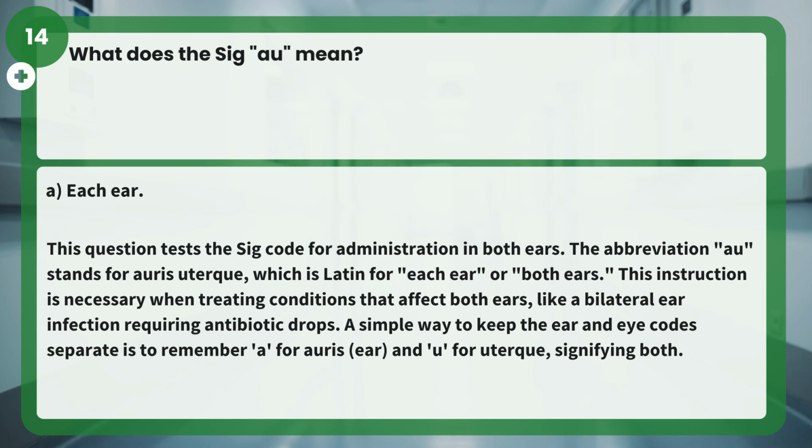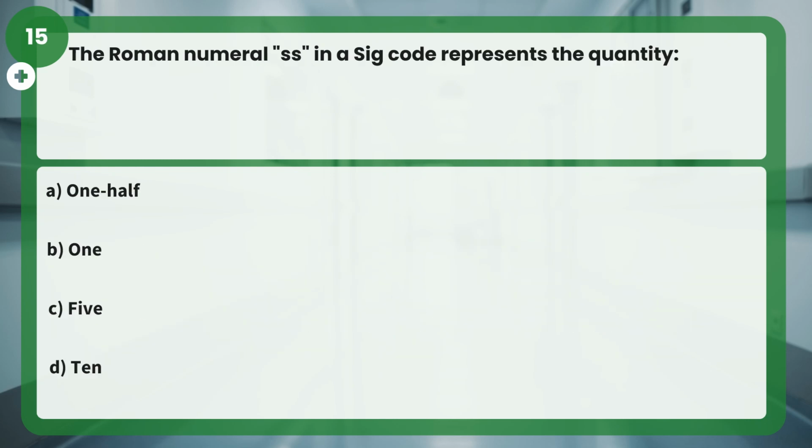The abbreviation AU stands for auris uterque, which is Latin for each ear or both ears. This instruction is necessary when treating conditions that affect both ears, like a bilateral ear infection requiring antibiotic drops. A simple way to keep the ear and eye codes separate is to remember A for auris, ear, and U for uterque, signifying both.